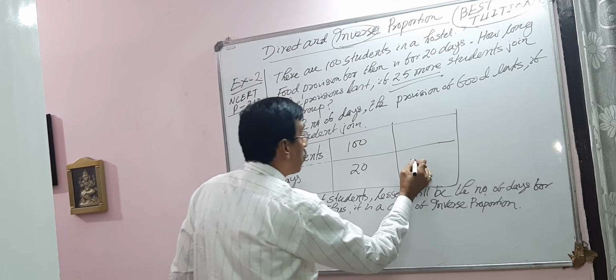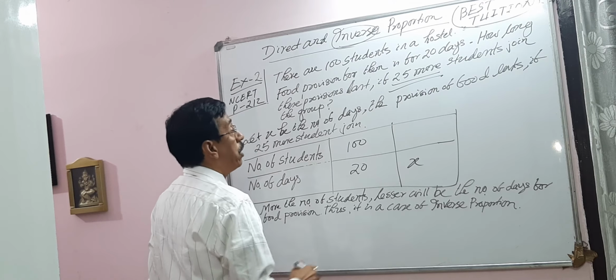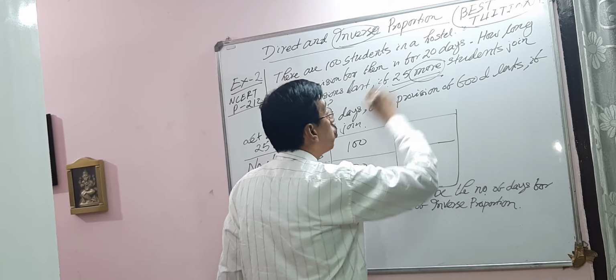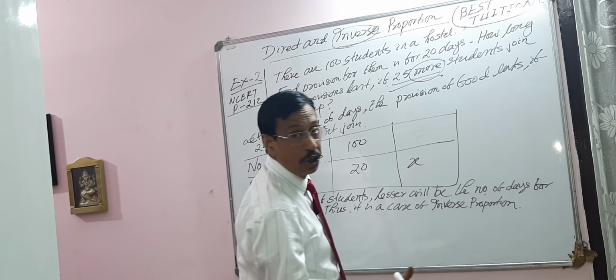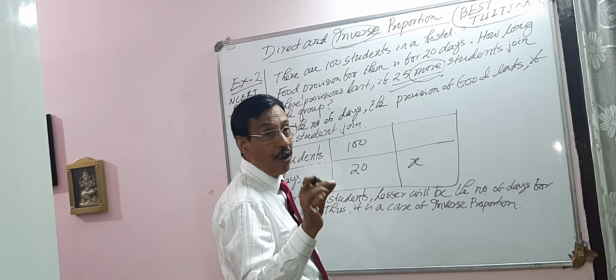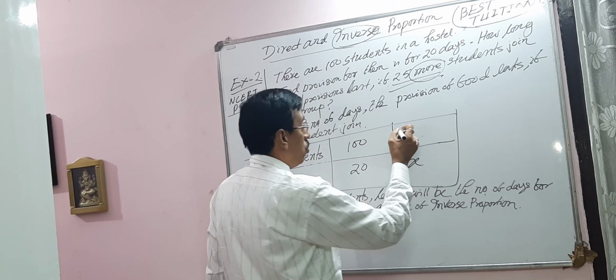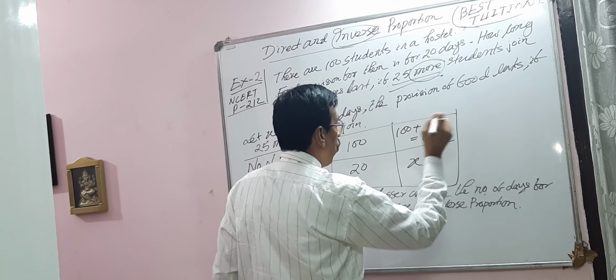Clear? What is the number of students now? If 25 more students join, don't forget, don't write just 25. This will be 100 plus 25. Read the question very carefully, otherwise you will make a mistake. So 100 plus 25 means 125. Clear?